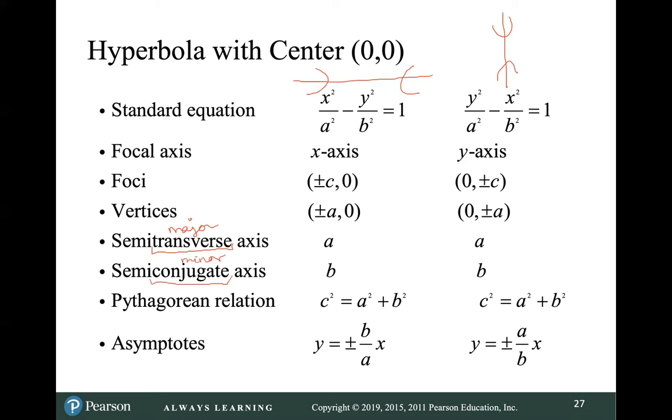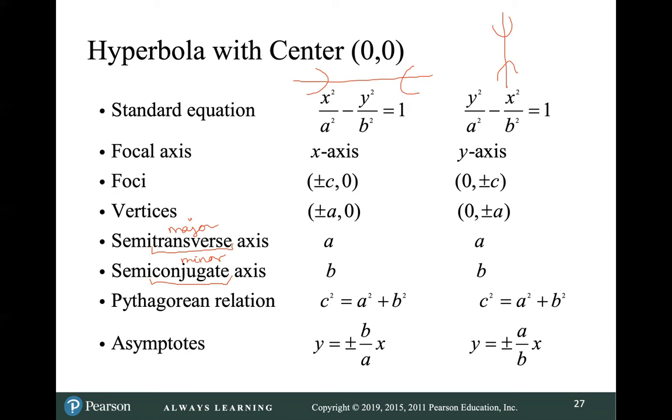So the semi-conjugate axis could be a larger number. B could be bigger than A. However, the semi-transverse axis plays the same role as the major axis for an ellipse in determining which direction the hyperbola opens, and the semi-conjugate is the same as the minor axis for an ellipse.